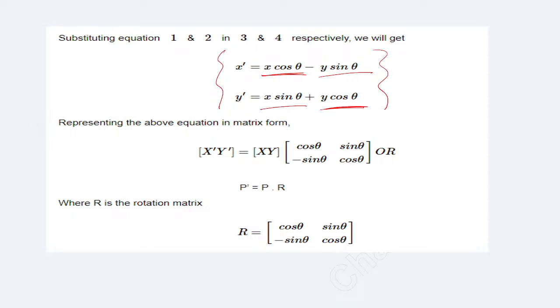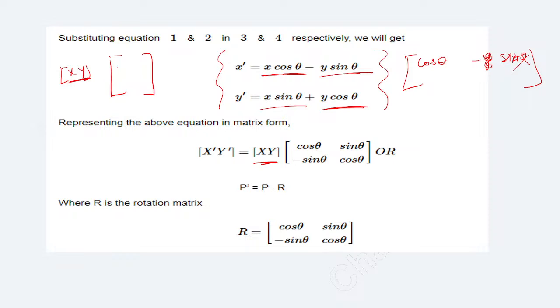into matrix format. Now most of the time students make mistakes in matrix format. You will write, okay, this is minus and this one will be minus, here is the cos theta, here is the minus sin theta, but don't make that mistake, because in matrix multiplication, I am multiplying with x and y.